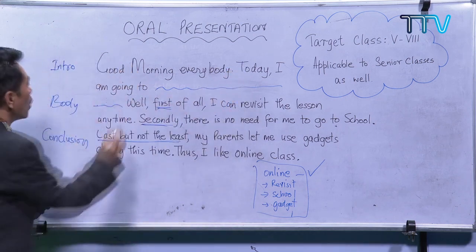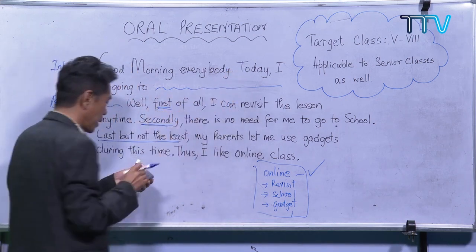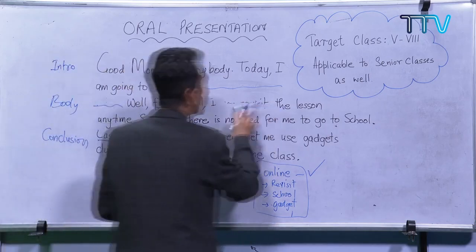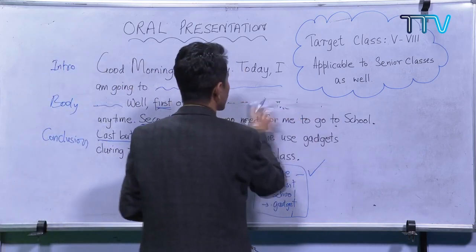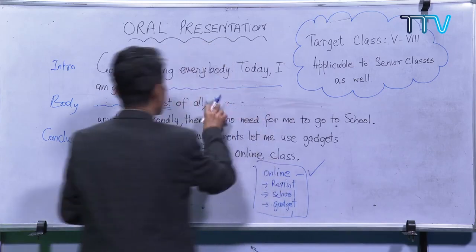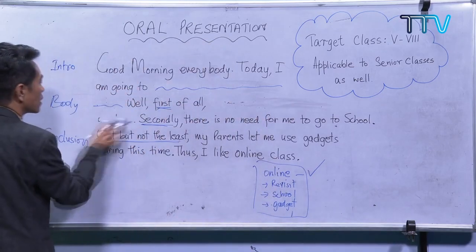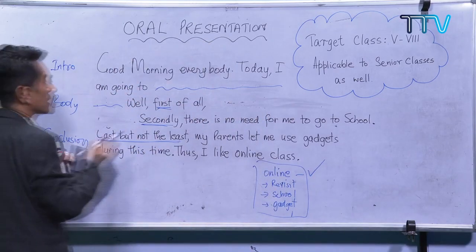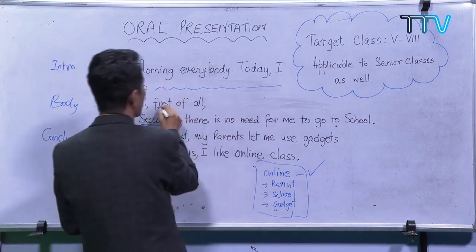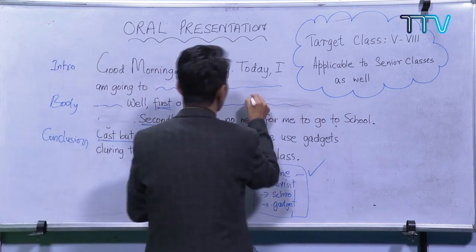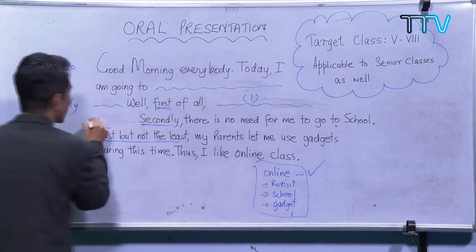Well, first of all, you keep this, and then you can come up with your own supporting details. But I did not disrupt the structure. You see, the structure remains the same. So this is how the mentor text looks. First of all, you come up with your first reason up to here.